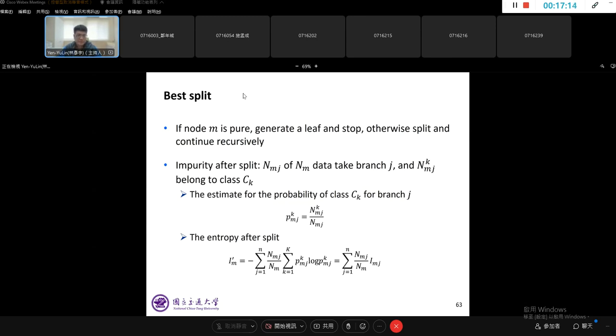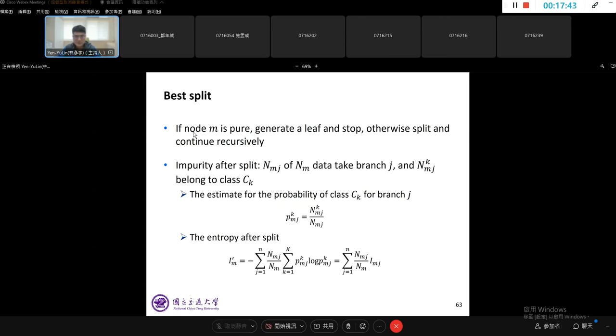Okay, so let's focus on one particular tree node. If this node is pure, it means that all data points reaching node M are of the same class. So in this situation, no further split is required. We can simply generate a leaf and stop the process.